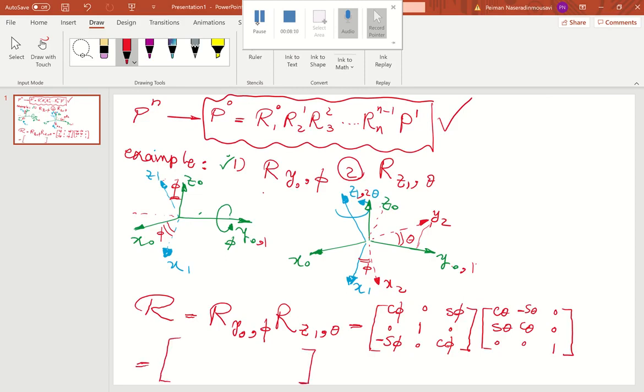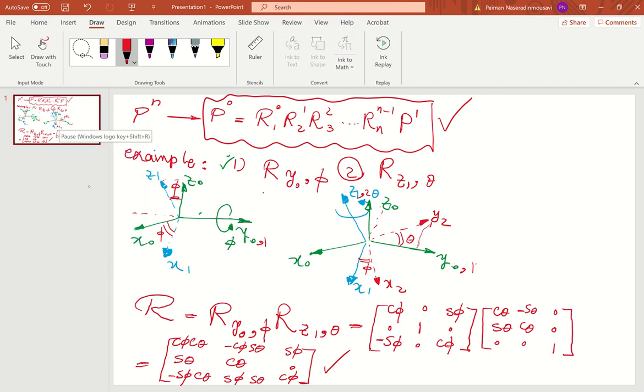Cosine phi cosine theta, minus cosine phi sine theta, sine phi, and so on, you can do it at home. After 2 rotations around the current axes, this is what we get.